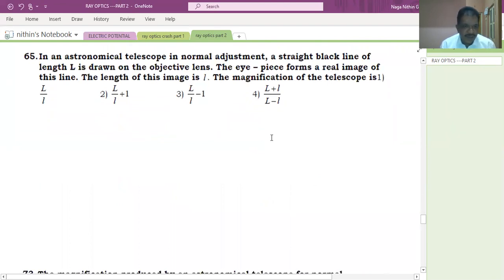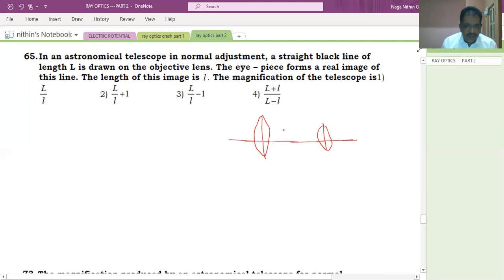In an astronomical telescope in normal adjustment, a straight black line of length L is drawn on the objective lens. Here, this will be the objective lens, and this will be the eyepiece.